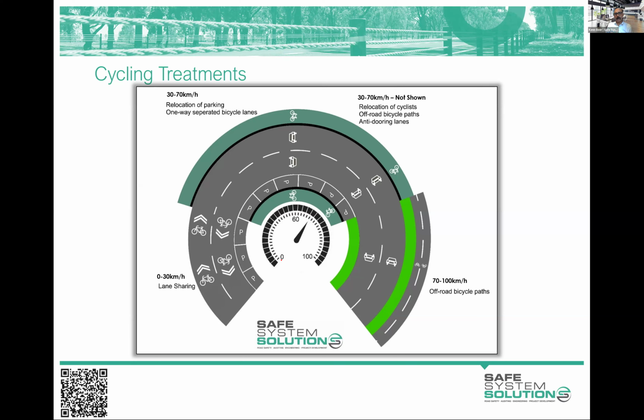If you go up above that speed, we need some physical separation, barrier curbing, pushing the parking out. And then at the very higher speed, up here on the 70 and above, we really have to start to look to physically provide these off-road facilities for vulnerable road users. It just doesn't work to mix, even with some curbing or the like.